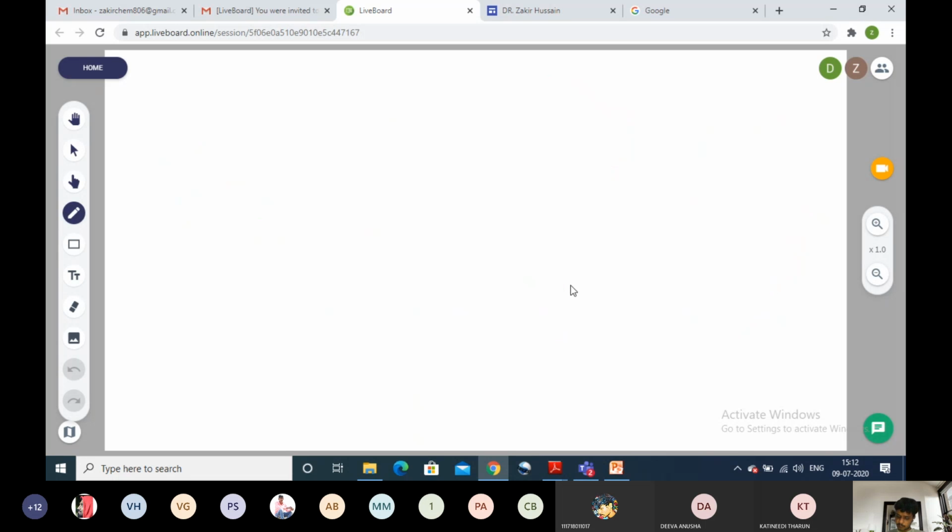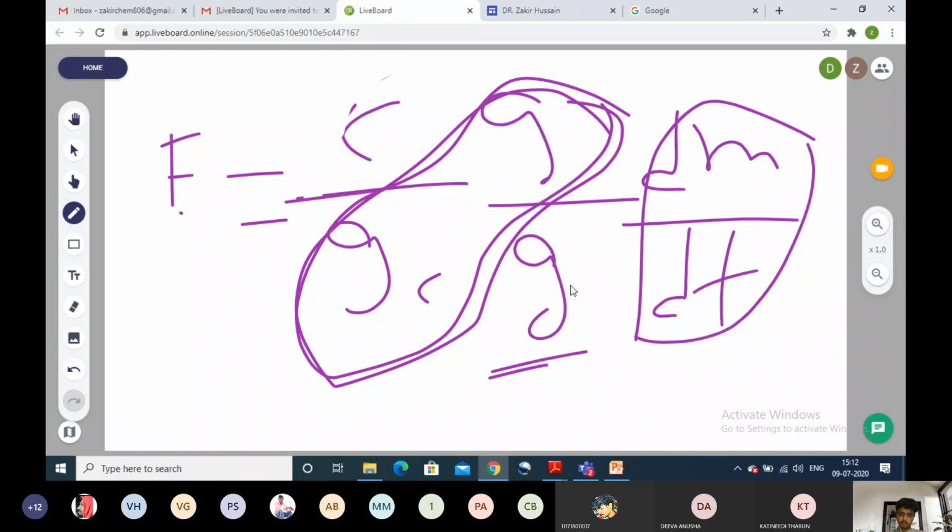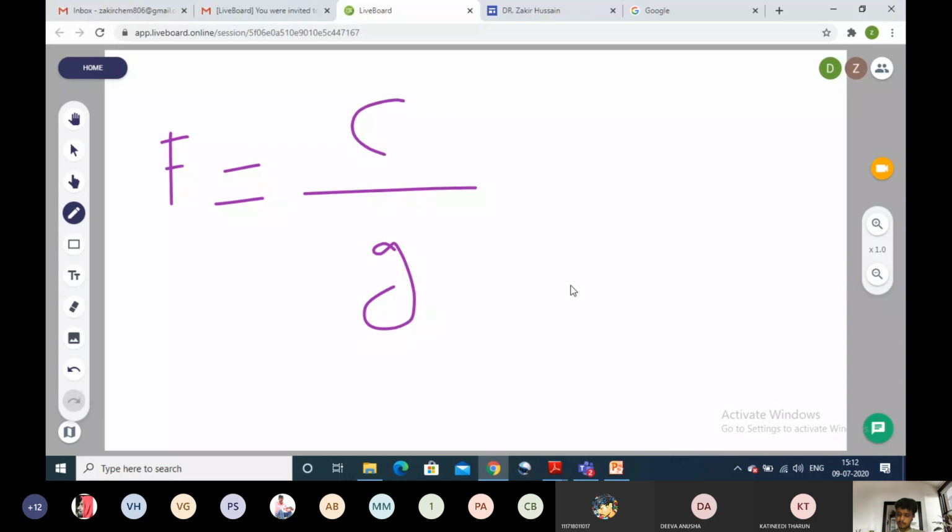So we can write our equation F is equal to c by g, already there, and m into g by gc we can write as just the weight. So, mass to weight conversion.